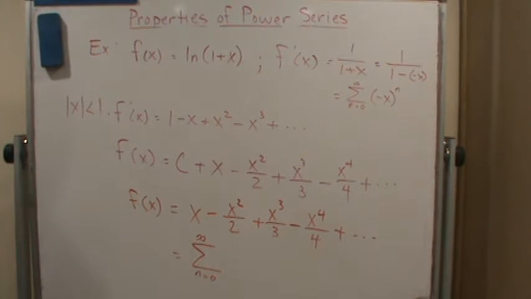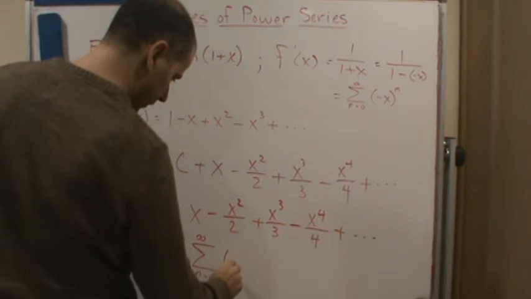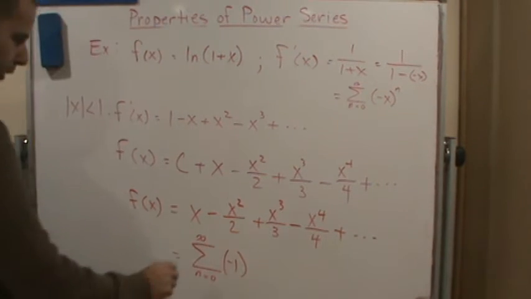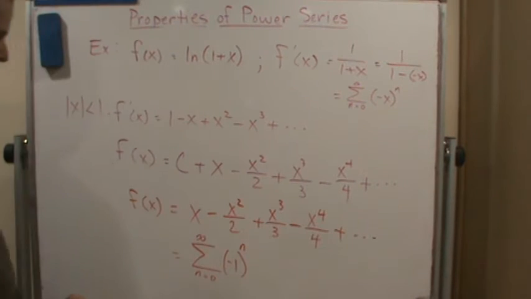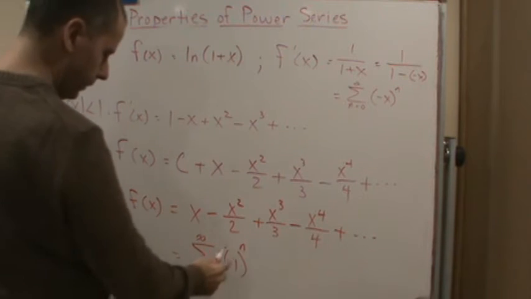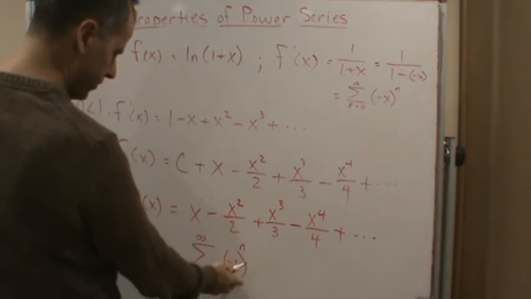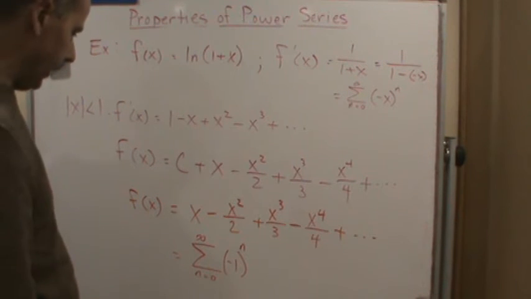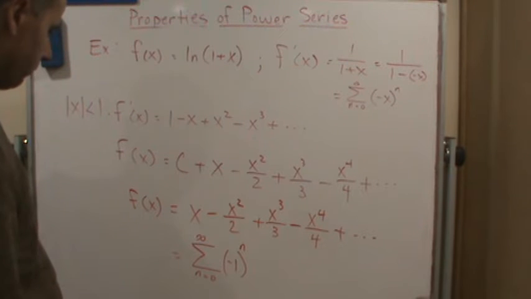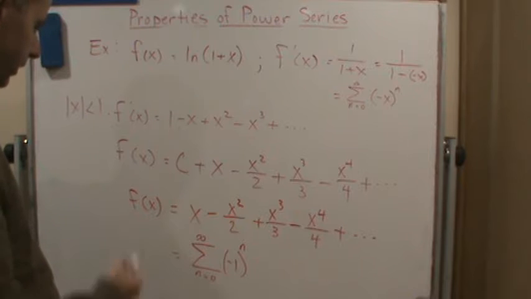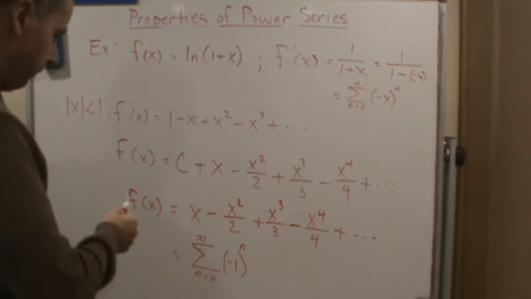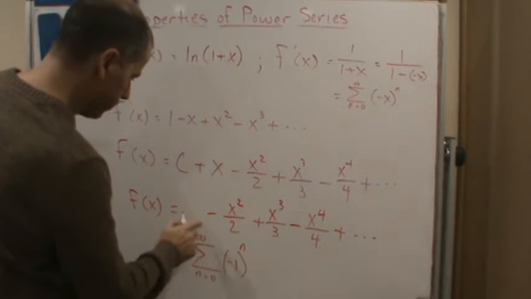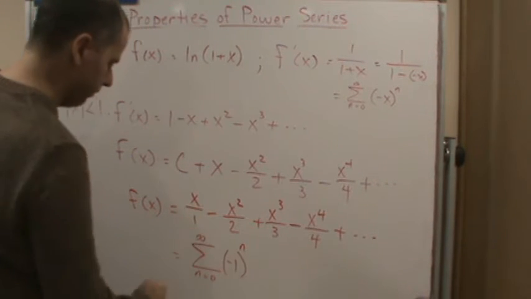The first thing we need is negative 1 to the n, and if n is 0, this is just going to become 1. Now, let's see here. If we want to write this another way, let's write this as x over 1.